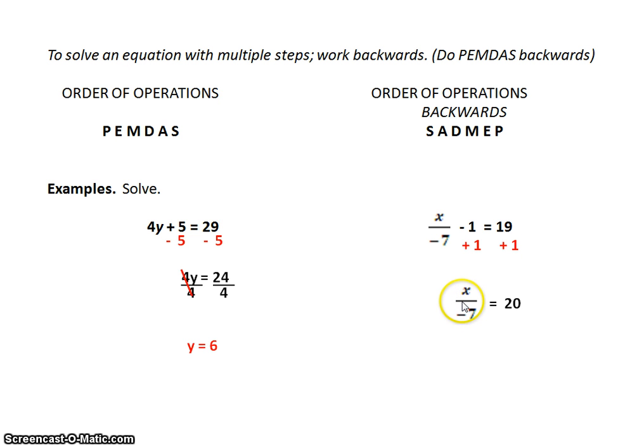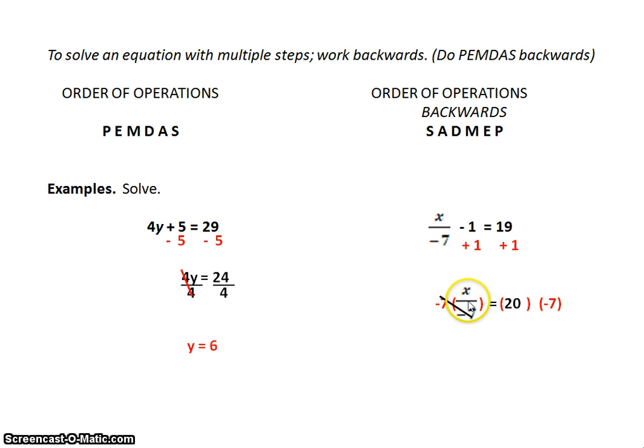So the inverse operation of division, what will undo division? Multiply. So I'm going to multiply the left-hand side by a negative 7 as long as I multiply the right-hand side by a negative 7. These negative 7's, one in the numerator and one in the denominator, will cancel out.